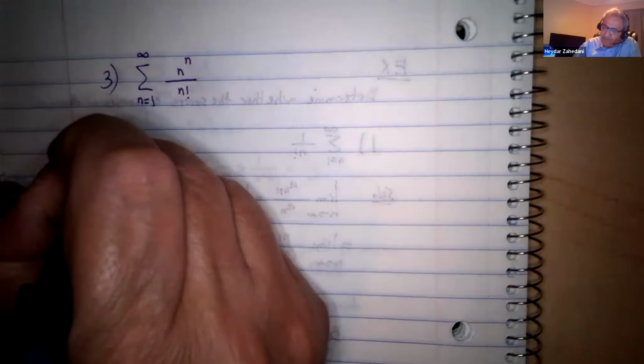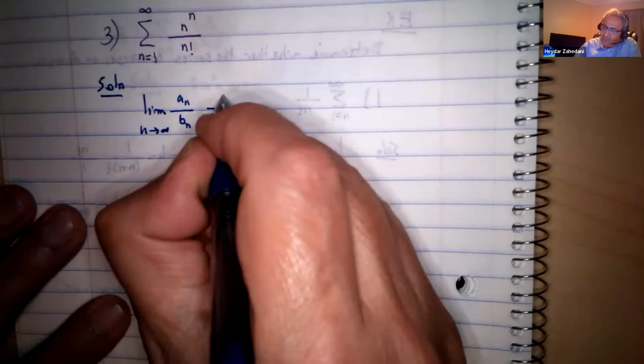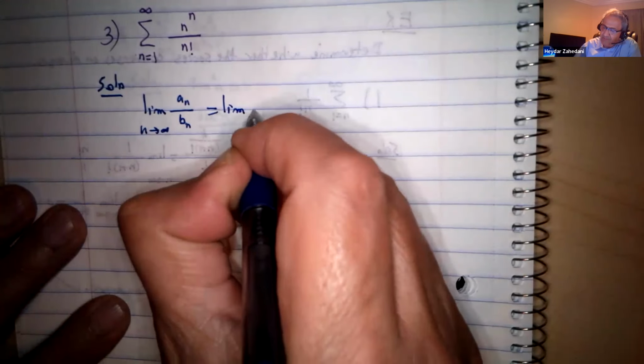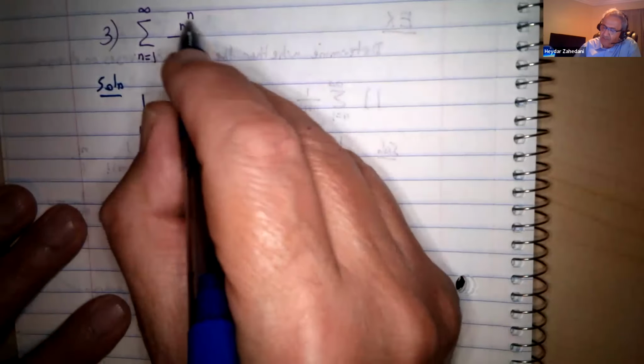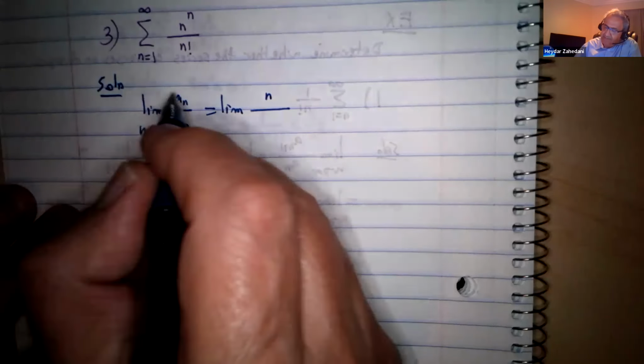Okay, so this is going to be the solution. So let's do the ratio. It's going to be the limit of, we have the a n over the b n, as n goes to infinity. Oh, I'm sorry, I made a mistake.